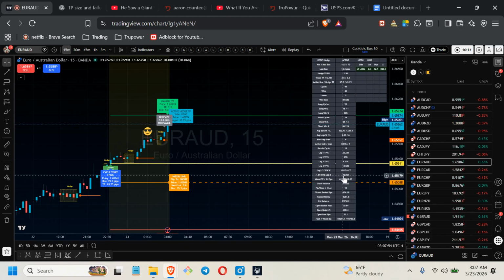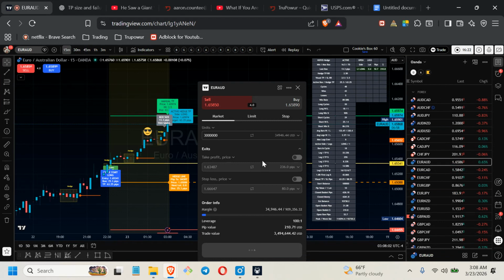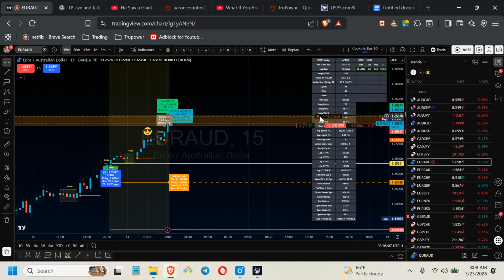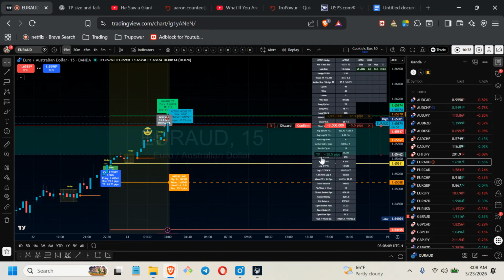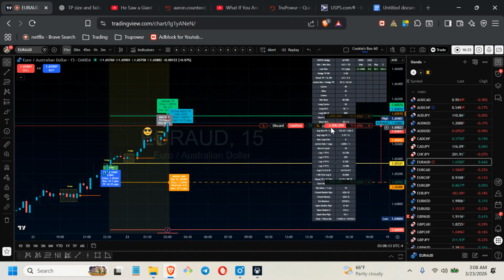So it's a 54% chance that this isn't going to work out. But I like where it is. So I would take that trade to at least here, right?